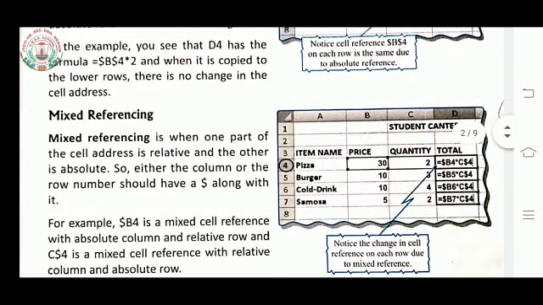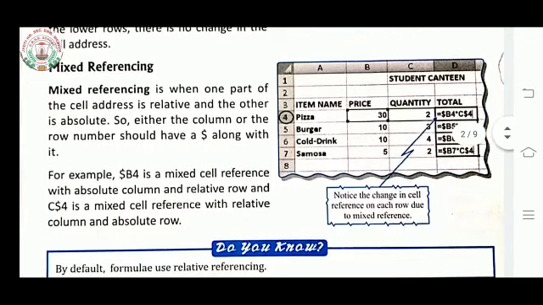Next comes the mixed referencing. Mixed referencing is a mixture where one is fixed and the other is not fixed. The dollar sign will come only before one of them, either in front of the column name or in front of the row number.